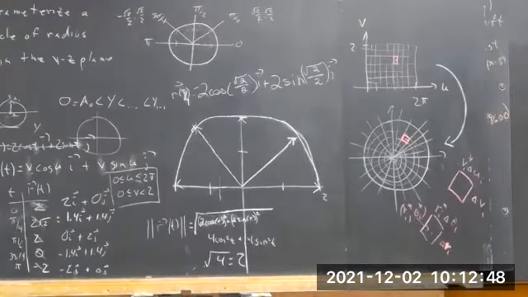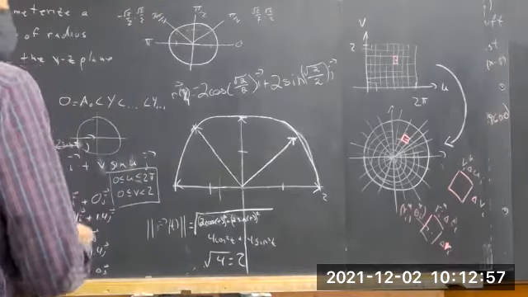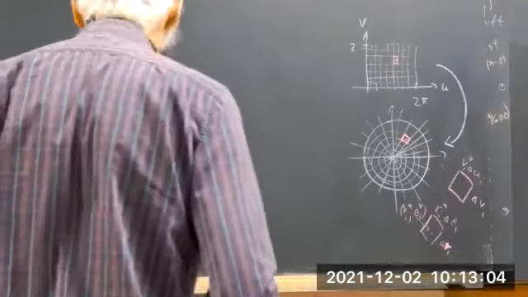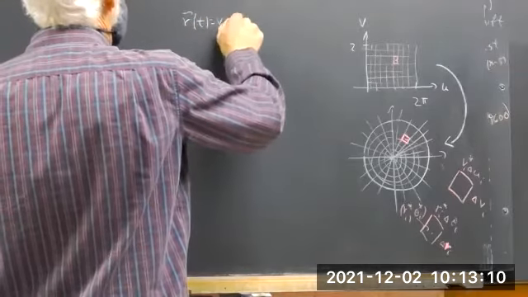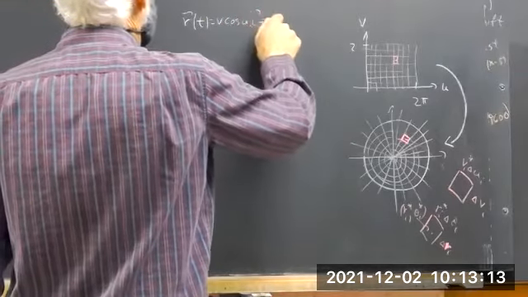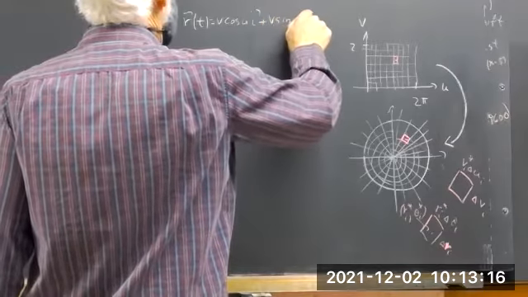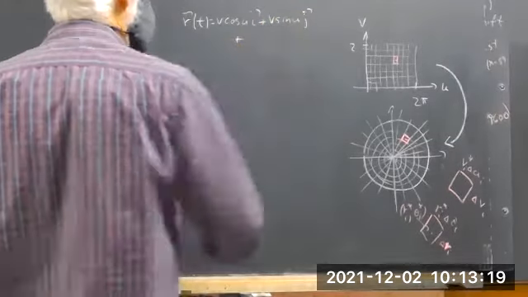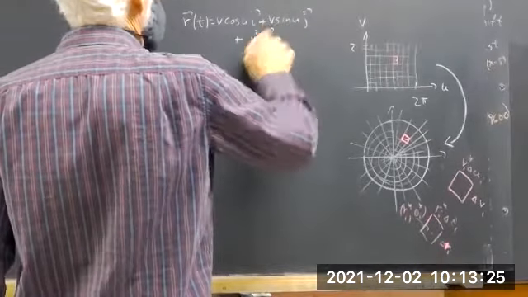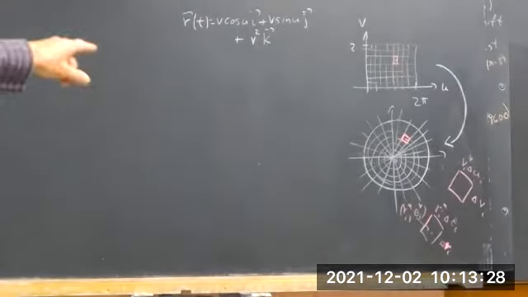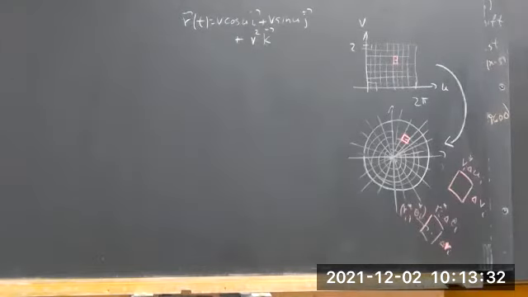But let's now just stick with this, and let's tackle the question of what shape we get in this parameterization.